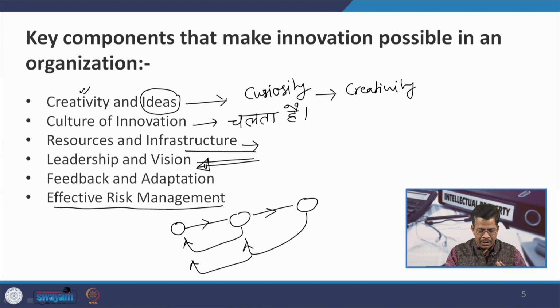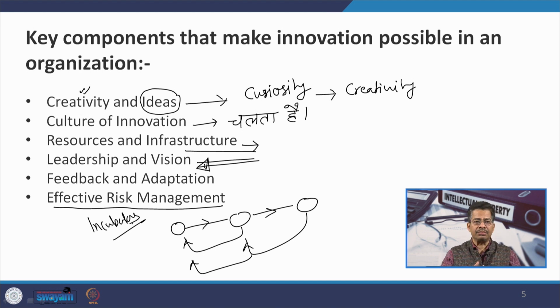For example, in most of the HEIs, higher education institutions, we have a system of incubators. That is one mechanism of risk management. The innovator is sharing his risk, or the incubator is taking the risk of the innovator. So, this is one possibility.